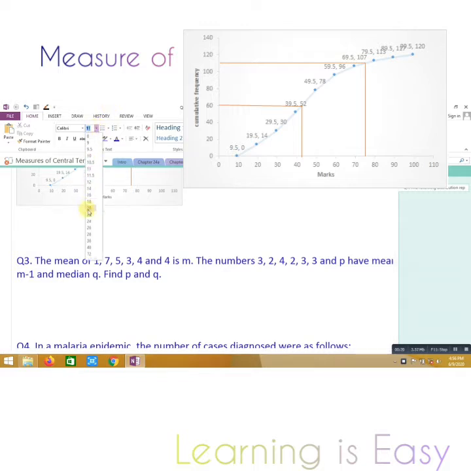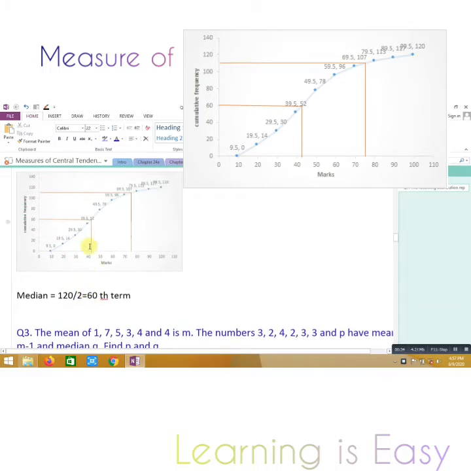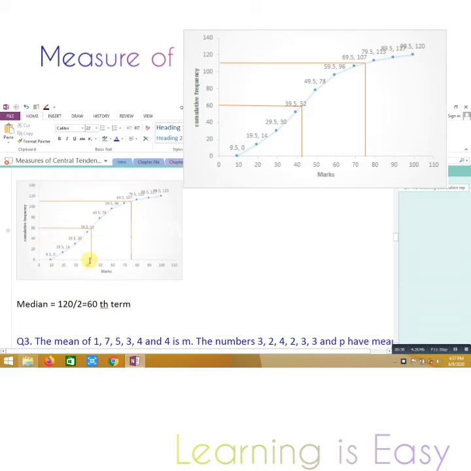We know already 120 students are there in total. So median is equal to 120 divided by 2. That would be 60th term. So drawing from 60 on y-axis a line and perpendicular line, it cuts at x-axis. That gives the median point, that is 43.